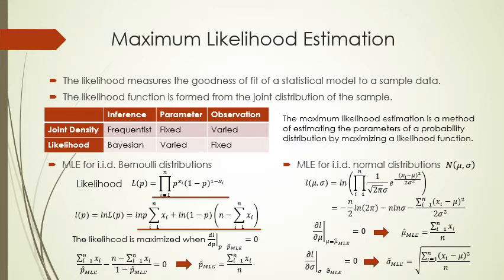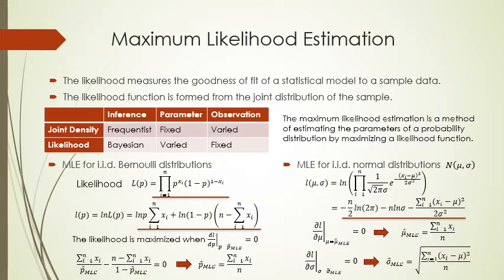Next, we may also find the MLE for a random sample following a normal distribution with two parameters, mu and sigma. The log likelihood may be simplified as this, and the estimators can be solved similarly from two partial derivative equations.